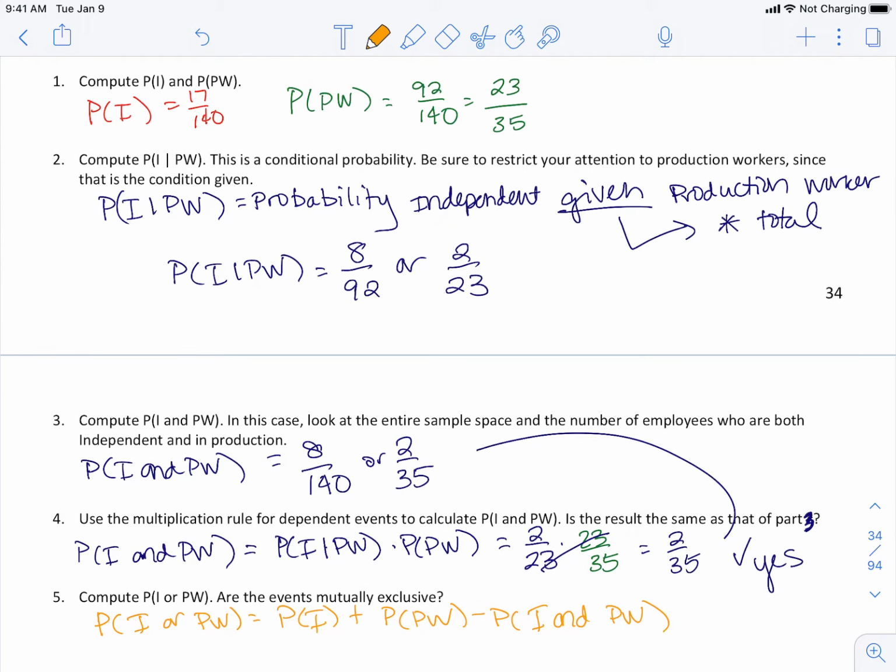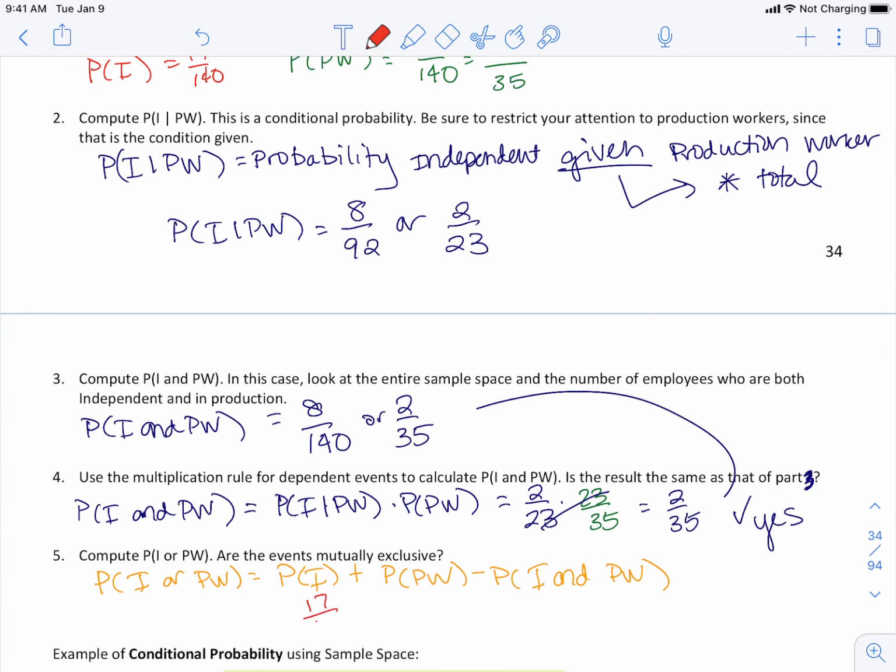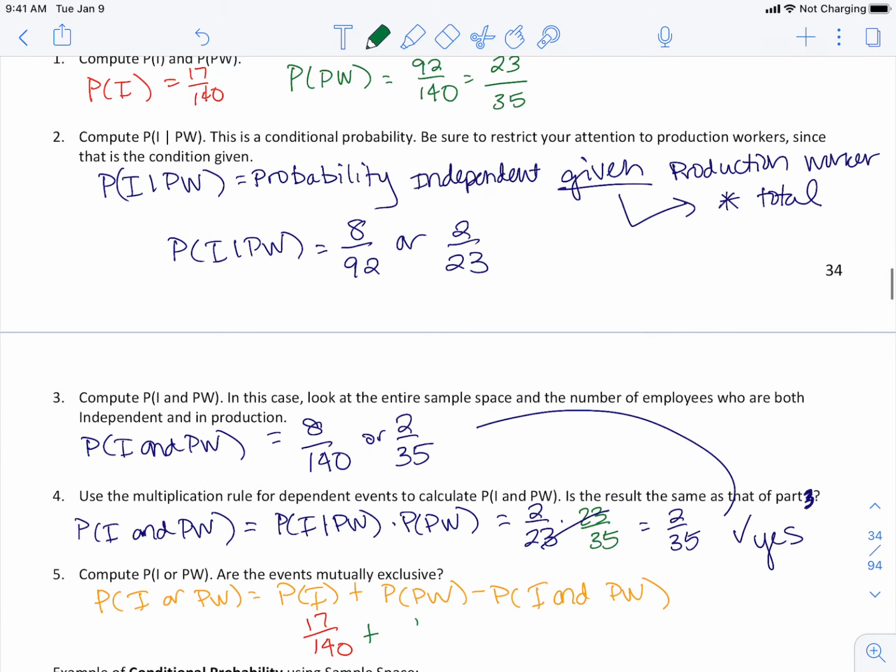Okay, so probability of independent, this was 17 out of 140. Probability of production worker, I'm going to use the unsimplified one here. This was 92 out of 140.